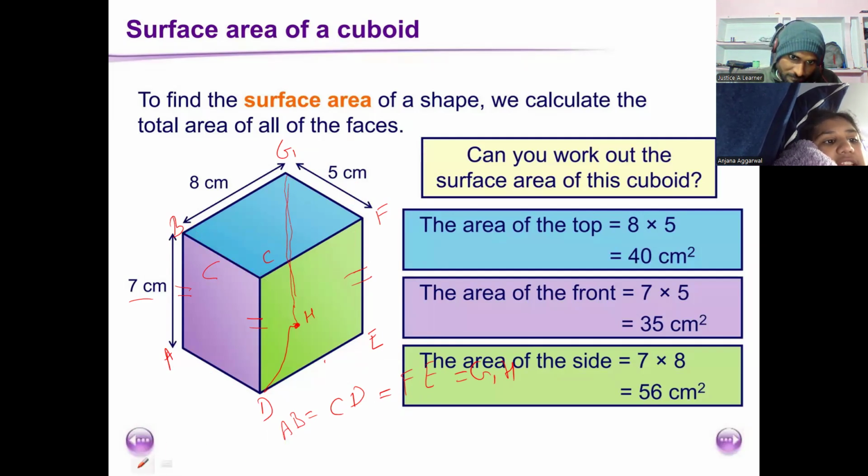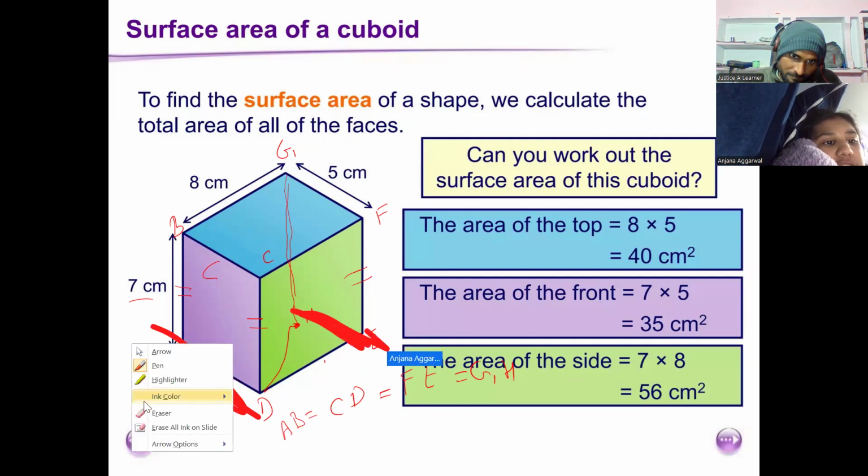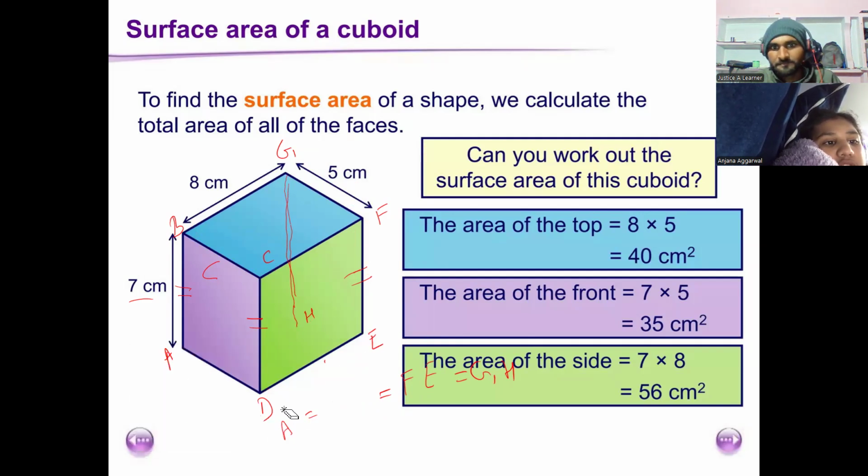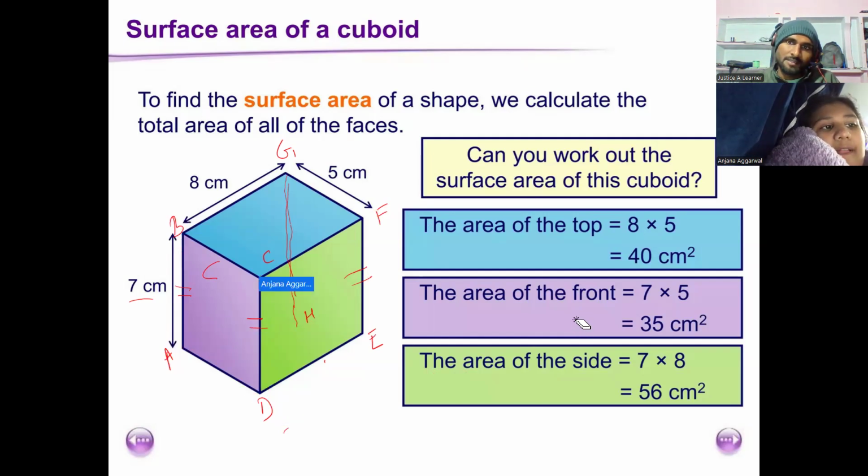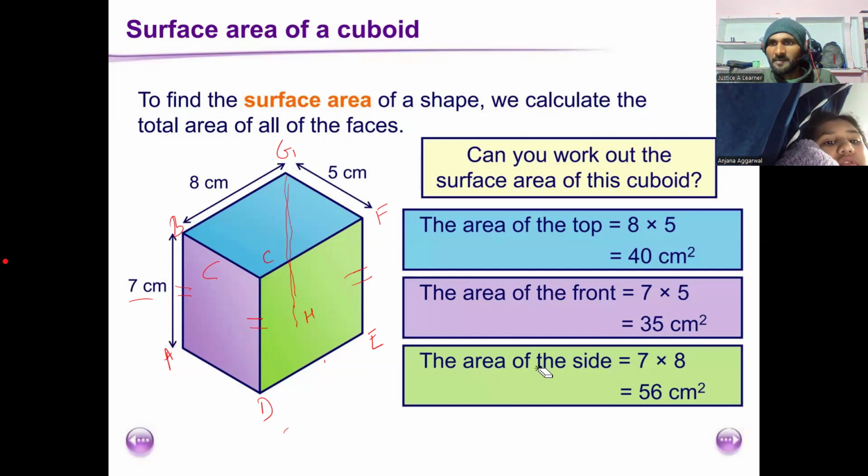And A and D is equivalent to H and E. Right. And then H and E is equivalent to H and A. Good. So you were able to observe all of them, right? Yeah, they're all the same length.